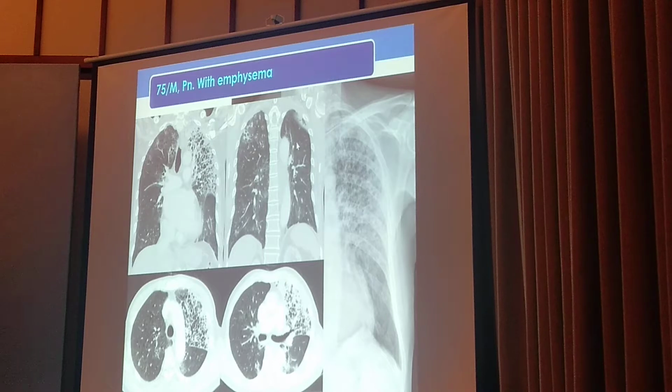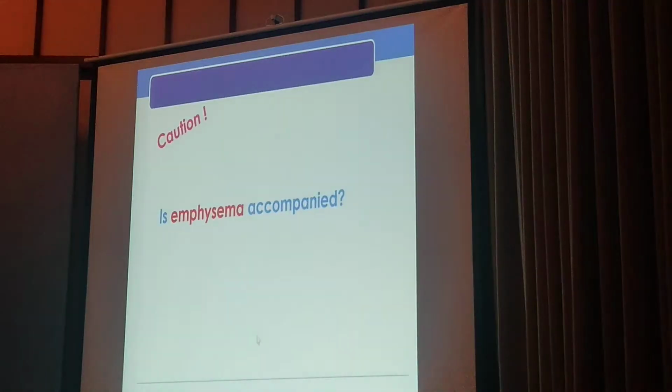So when you find an inhomogeneous case, you must check whether it is accompanied by emphysema or not. It is very important to evaluate the associated emphysema. So the emphysema component is very important in heterogeneous mottled opacity.